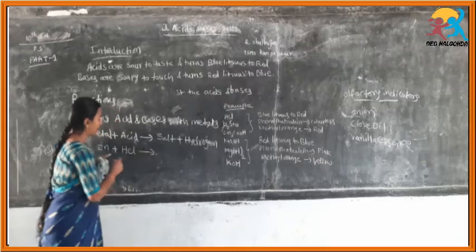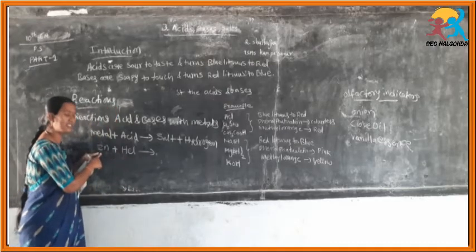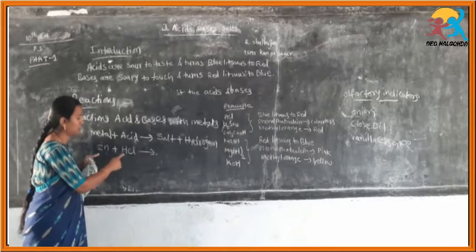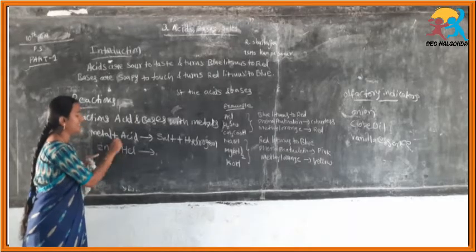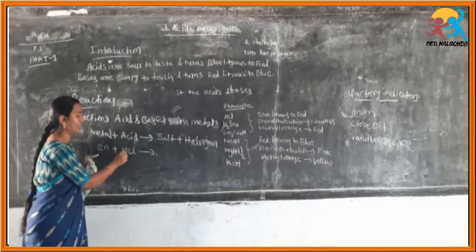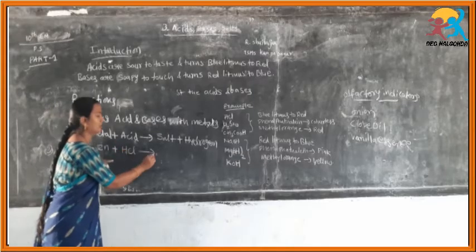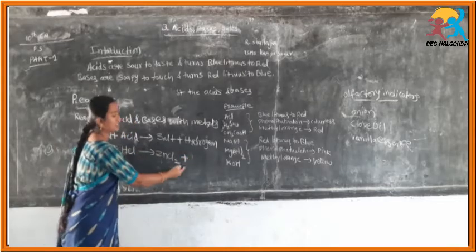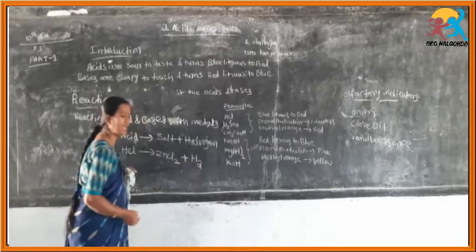Here you see the zinc metal, the hydrogen and the chlorine. The zinc is more reactive than hydrogen, so it easily replaces the hydrogen. It forms zinc chloride, and the hydrogen is separated and forms hydrogen gas.